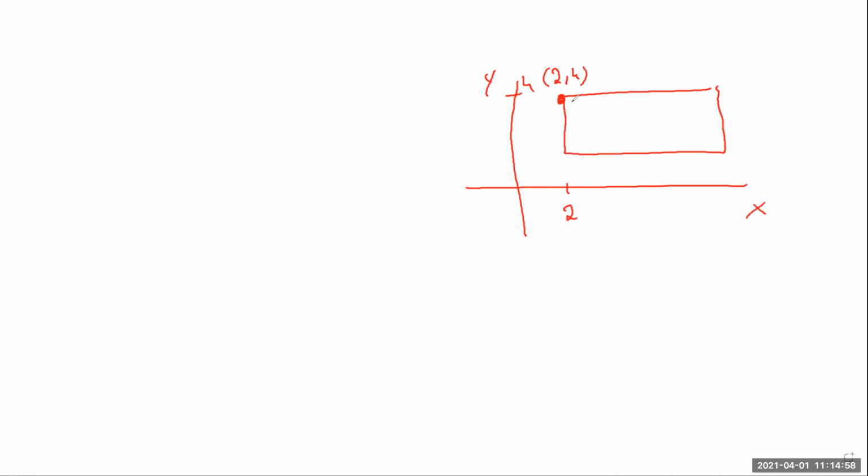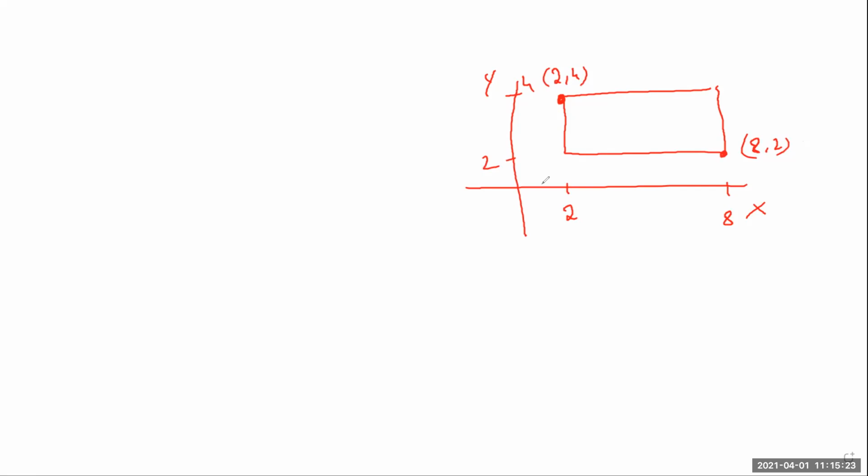And you tell the bottom right point. Say this point is 8 2. If I give you a graph paper and say the top left is 2 4, the bottom right is 8 2, you should be able to draw this rectangle on the graph paper, right? So these are the two pieces of information you need.